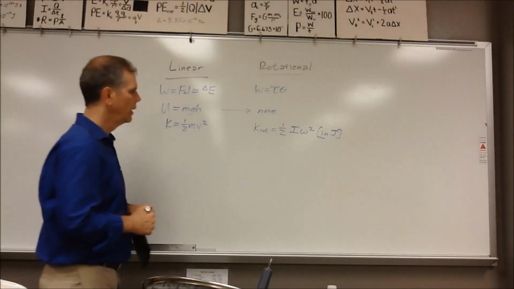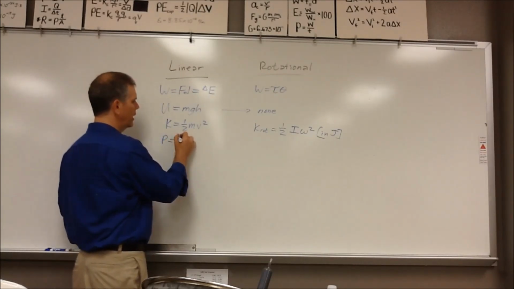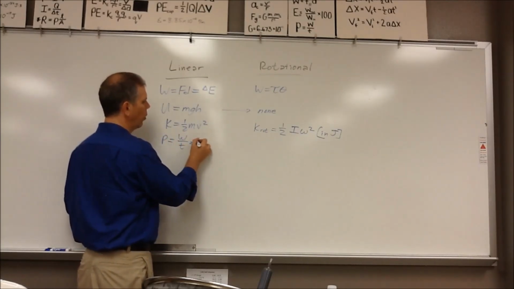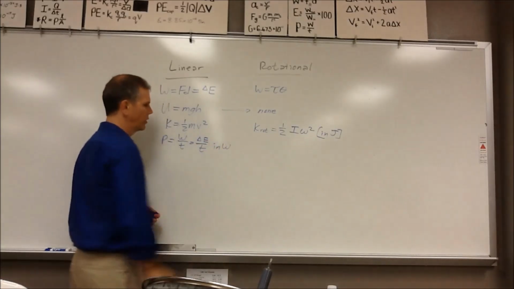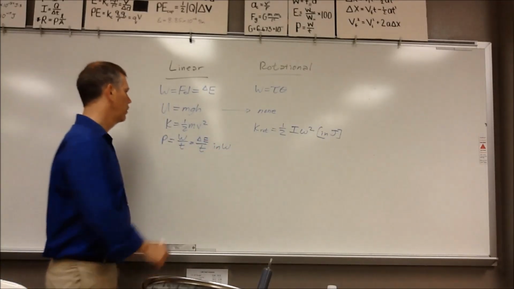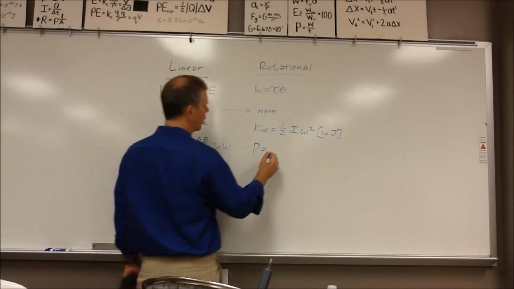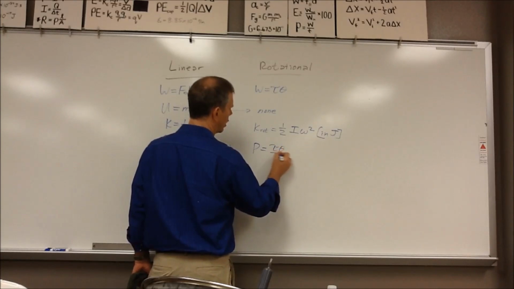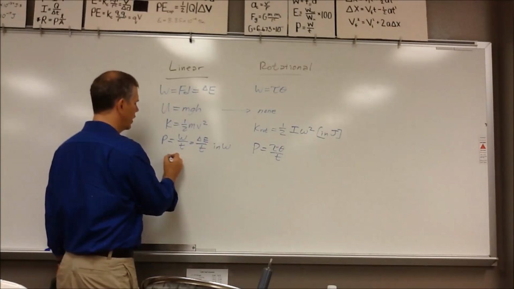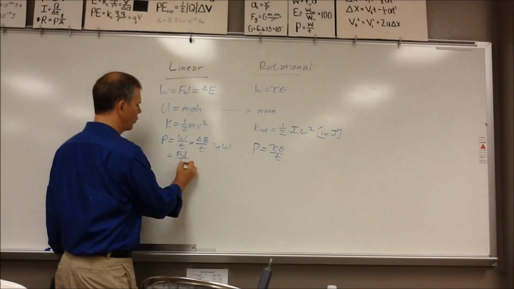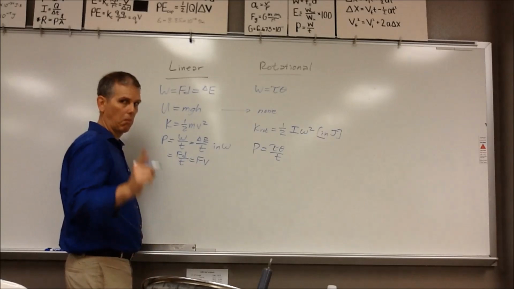Okay, simple enough. Power. Power, our basic definition, is work over time or a change of energy over time, in watts. This would be force times distance over time, which is force times velocity.